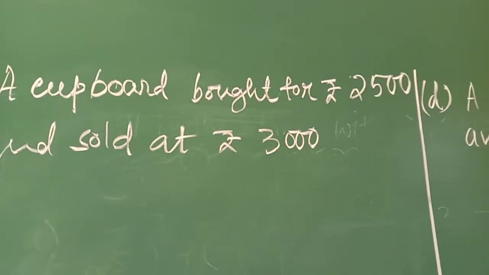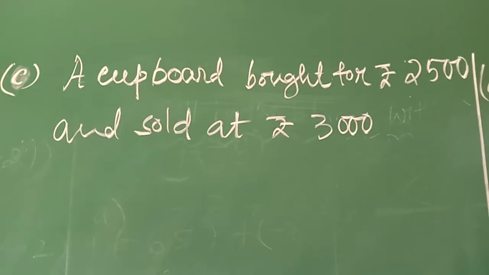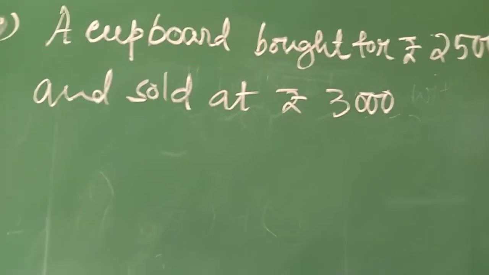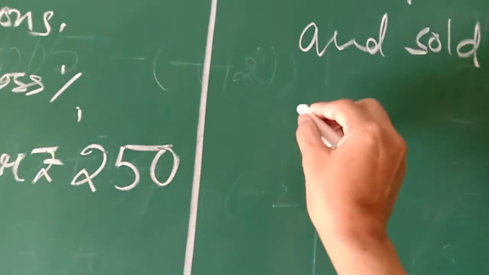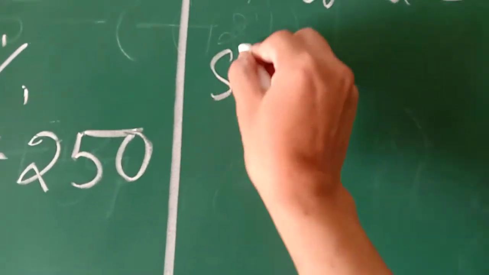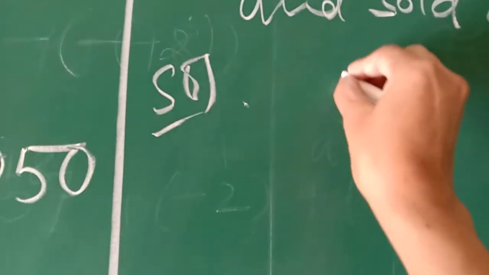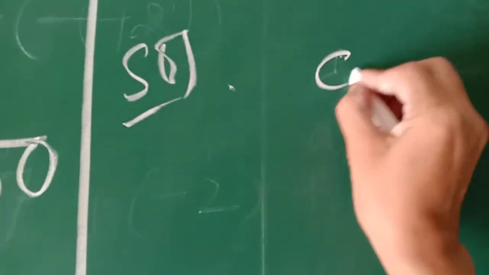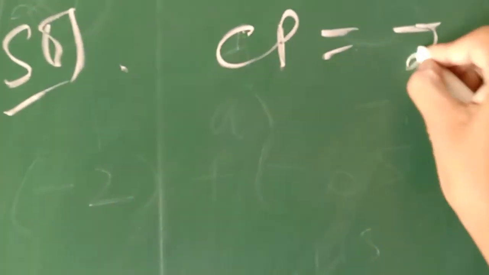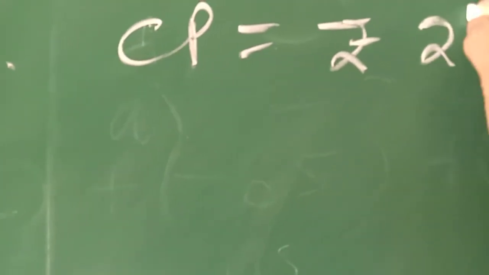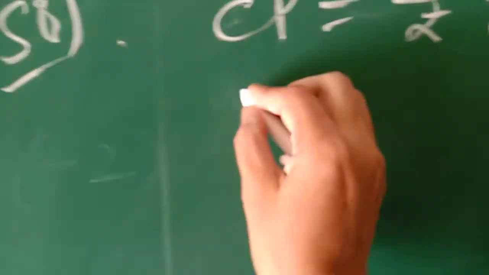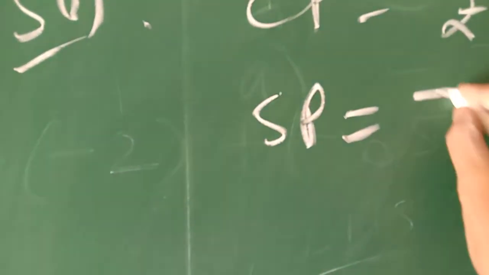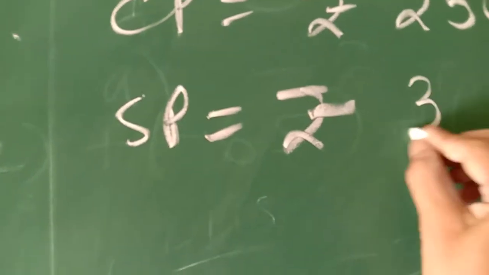A cupboard bought for rupees 2500 and sold for rupees 3000. This is also same kind. Now we are doing the solution. CP is given rupees 2500. SP is given rupees 3000.